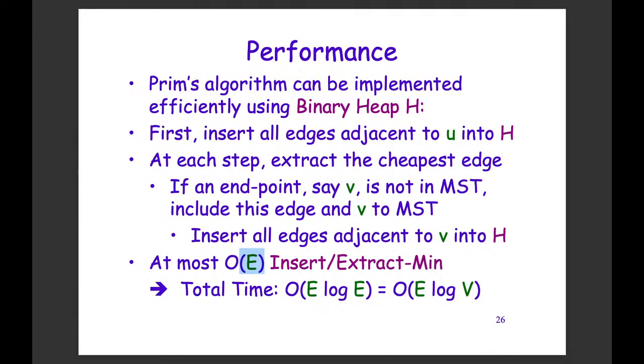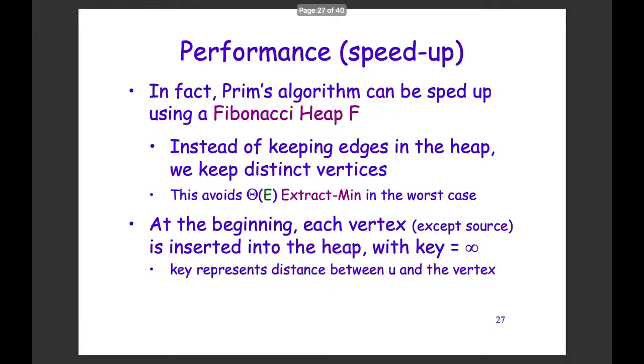But on the other hand, we can see that what we really need is insert and decrease key. So in such a case, we can use a Fibonacci heap to help. A Fibonacci heap is efficient when there are many insertions but only a few extract min.